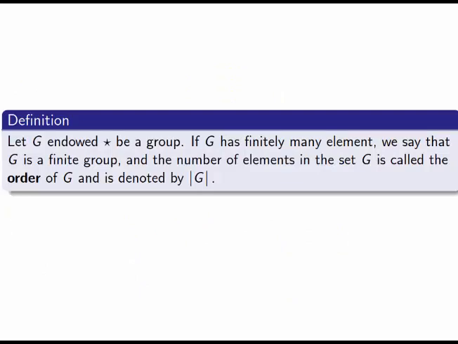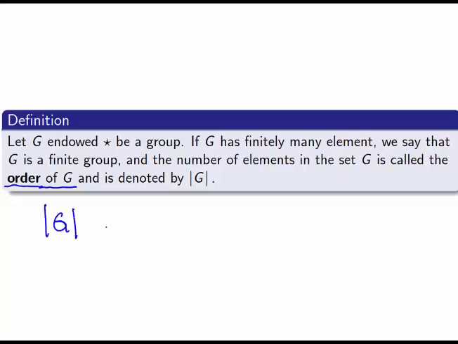Now, here are some definitions. Suppose you have a group G endowed with some operation star. If G has finitely many elements, so that means that there's only a finite number of elements in the set G, then the number of elements in the set is called the order of the group.